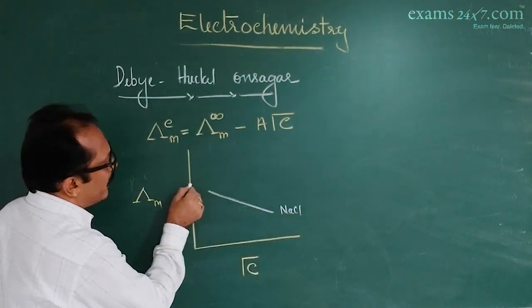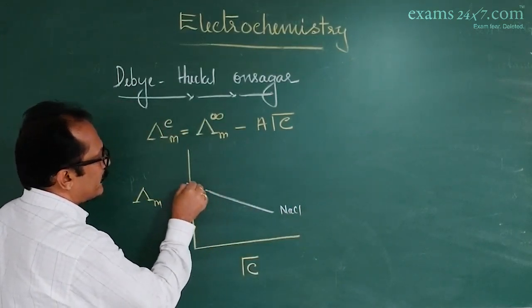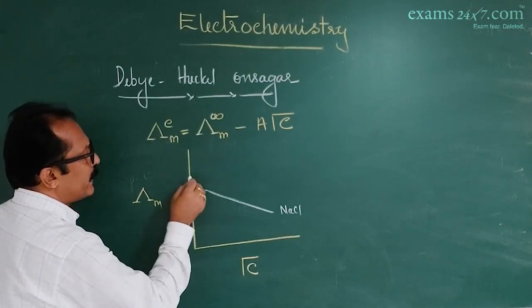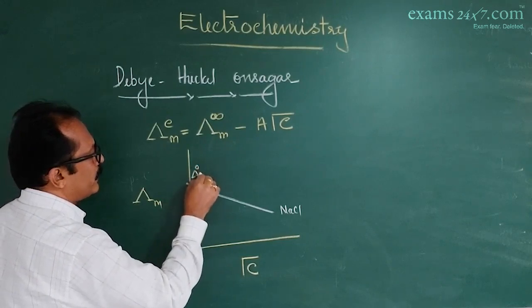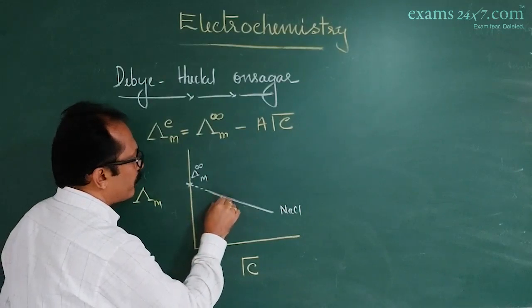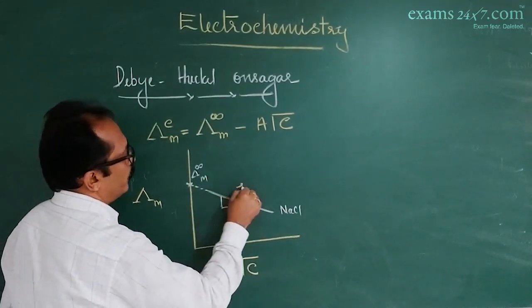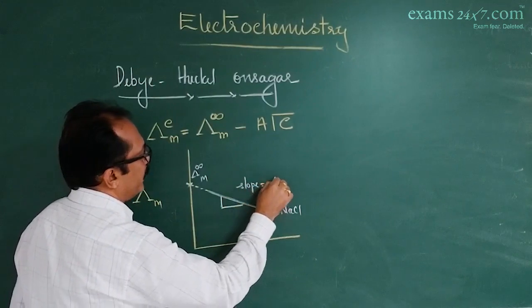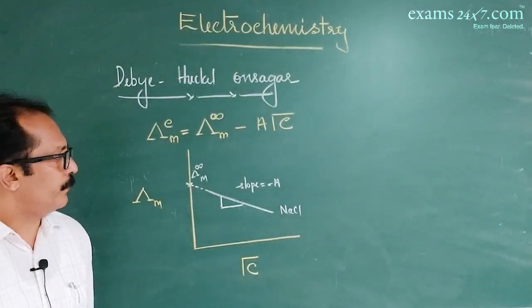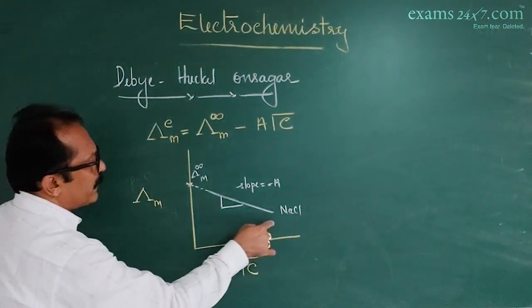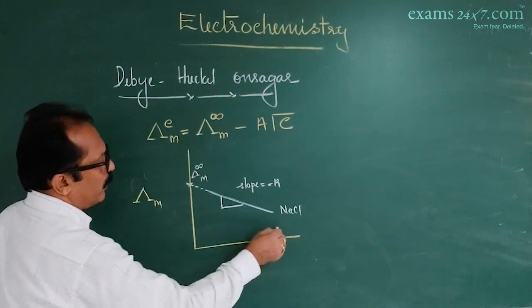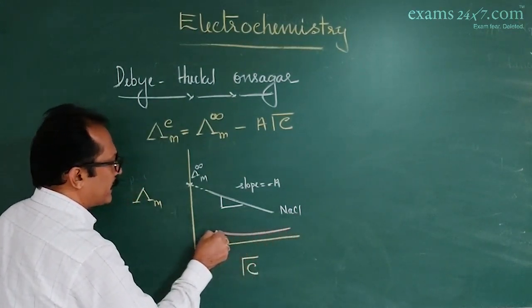By extrapolating the graph, the value at zero concentration indicates molar conductivity at infinite dilution, and the slope of the graph gives the value of A. So this is applicable for strong electrolytes. For a weak electrolyte, it gives a plot like this.